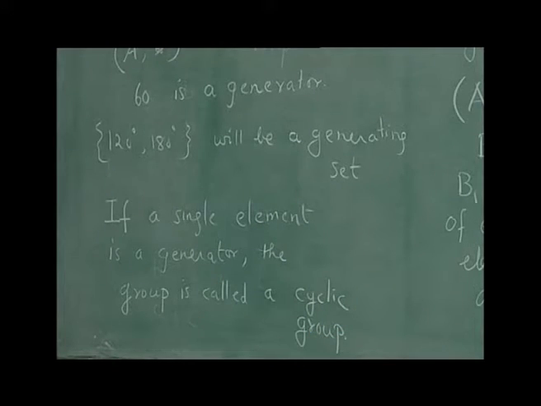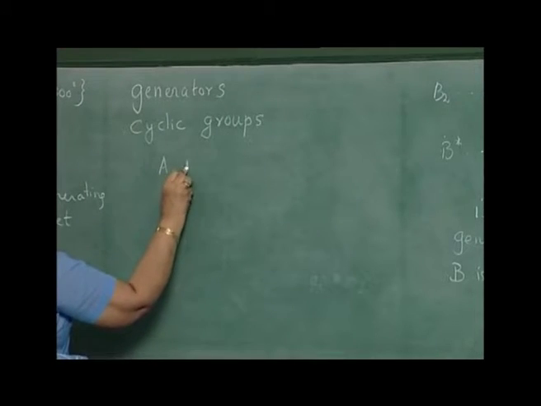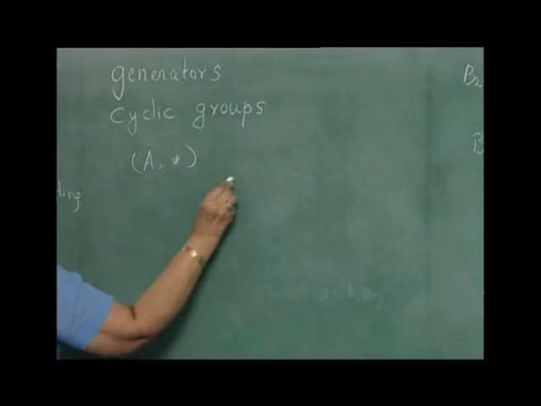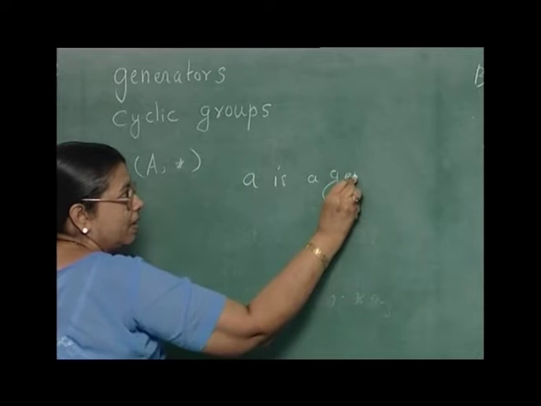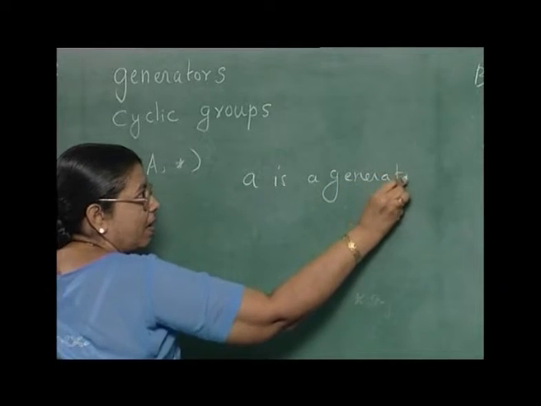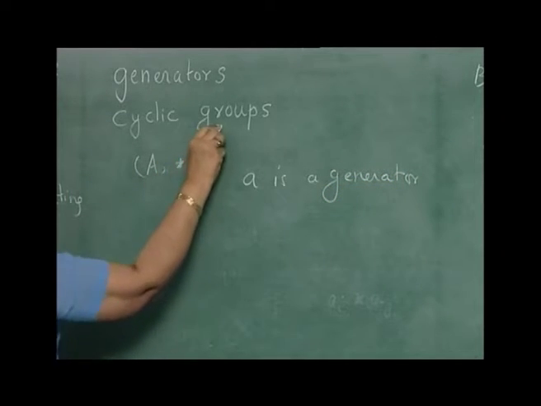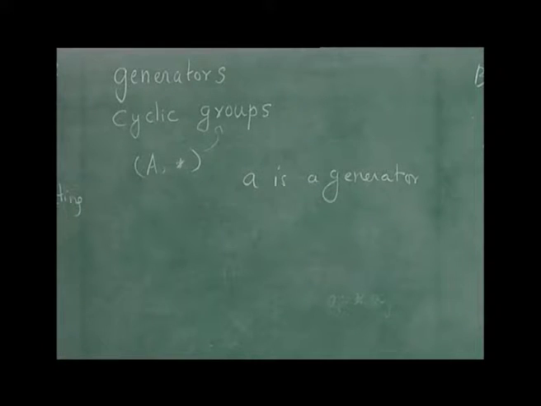So, in a cyclic group, suppose I have a group A star and A is a generator. It is a cyclic group and A is a generator.